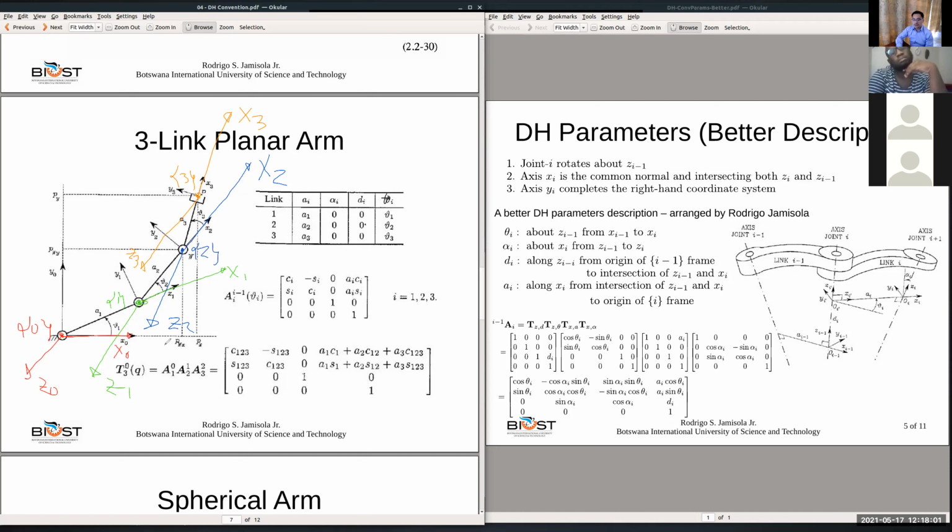Okay, so where is your X0? X0 is here. From X0 to X1. X1 is there, rotates about Z0. So that is your Z0. From here, right-hand rule, your Z0, and then your X0, and then go to X1, from here to there, rotating about here.